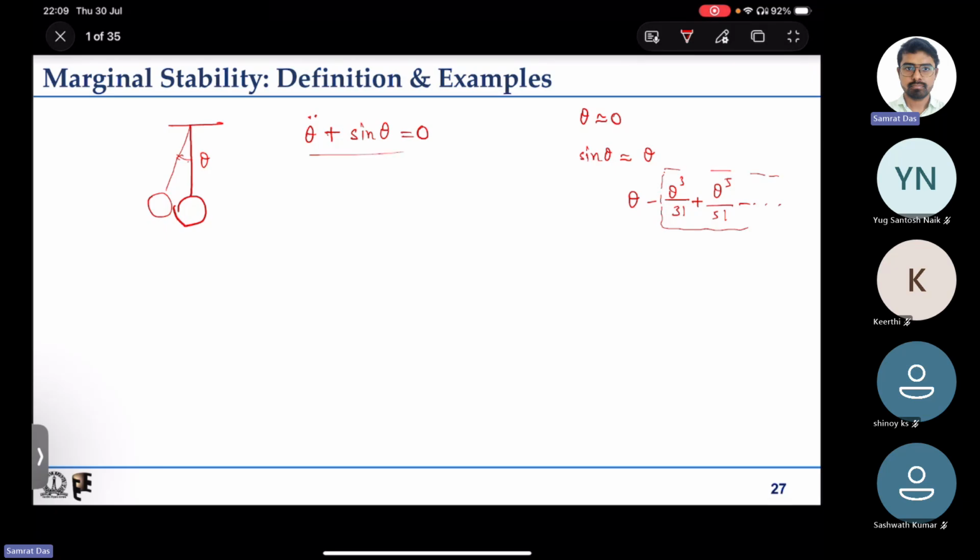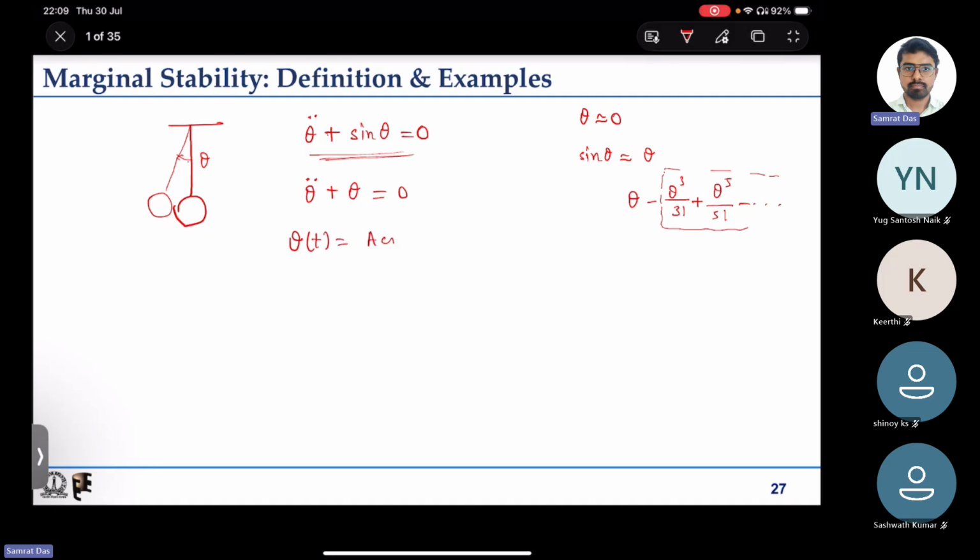If we apply this approximation, this becomes theta double dot plus theta equal to 0. If it is solved, you will find that theta, as it varies with time, will be a sinusoidal function.